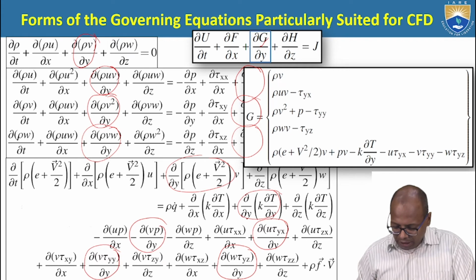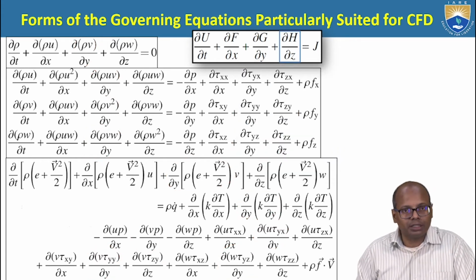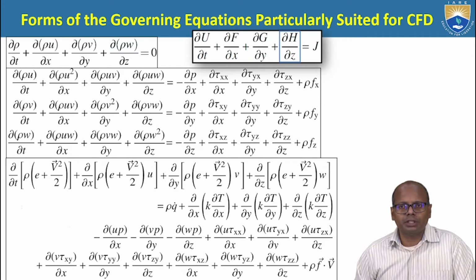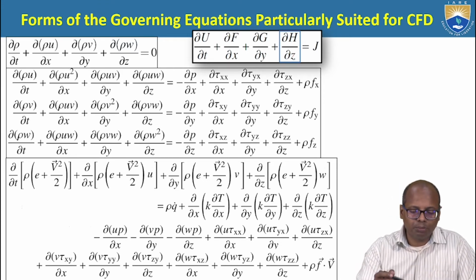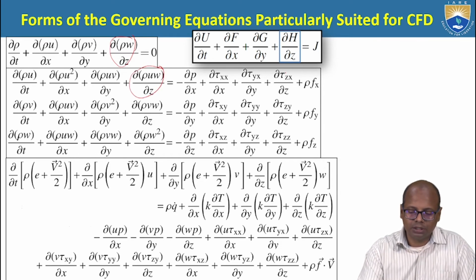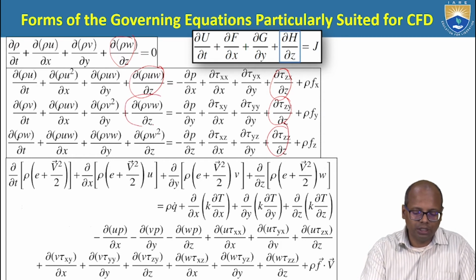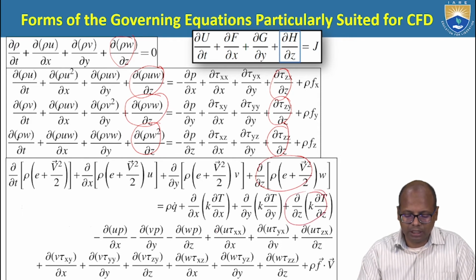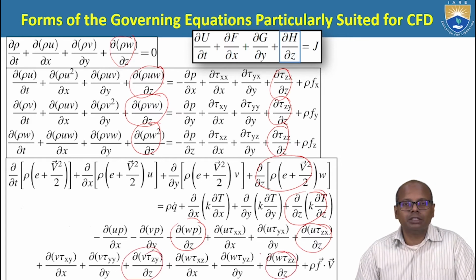Now coming to the H vector. How to write the H vector? The H vector has partial differentiation with respect to Z. So partial differentiation with respect to Z means this is one term, this is another term, and so on, and here one Z term is there, here one Z term is there, here one Z term is there, and here one Z term is there.